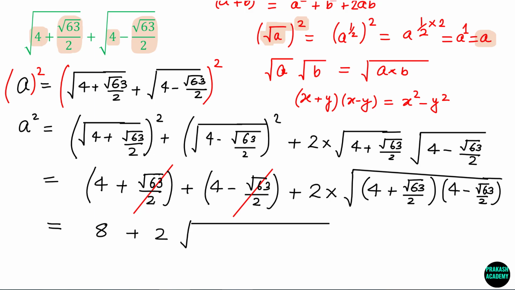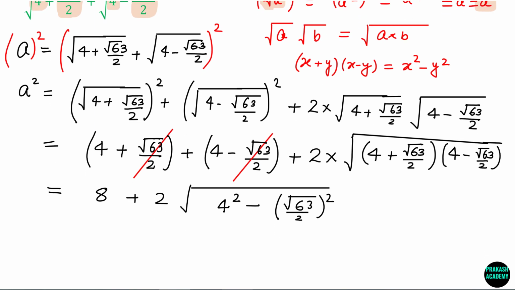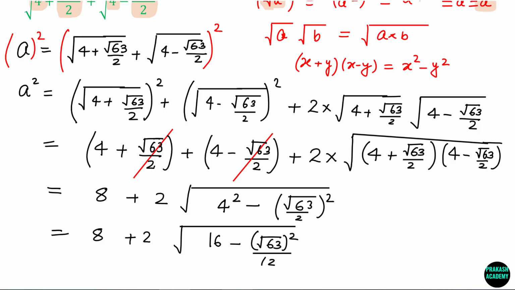So if I use this, then this becomes 4 square, that is X square, minus Y square, where Y is root 63 by 2 whole square. So this simply becomes 8 plus 2 times the square root of 4 square, which is 16, minus root 63 whole square, divided by 2 whole square.